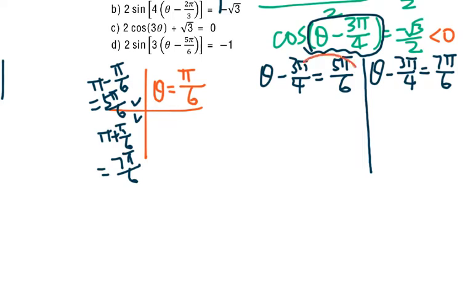So you need to add 3 pi over 4 to both sides.